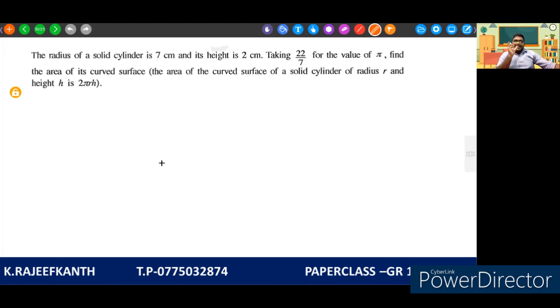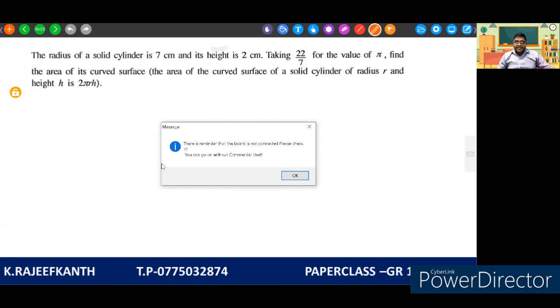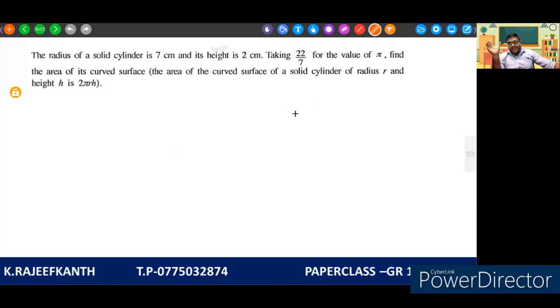So if the radius of a cylinder is r and the height is h, then the curved surface is equal to 2 pi r h. Here they have given the radius of that cylinder and also the height of that cylinder, so you can find the curved surface of that cylinder.